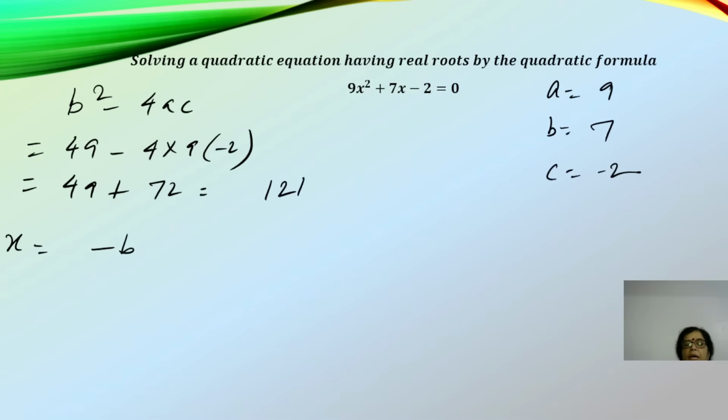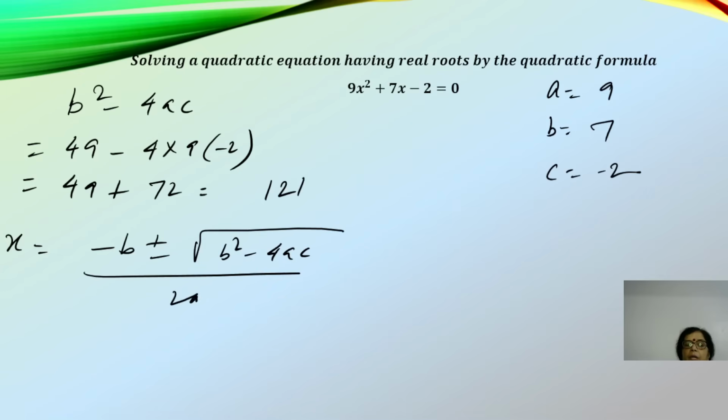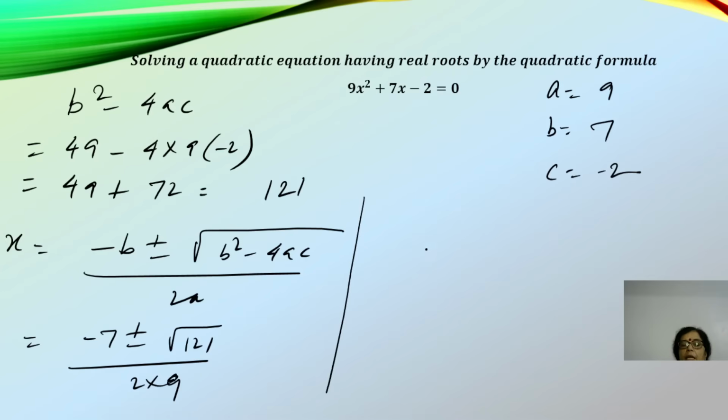x is equal to minus b plus minus square root of b squared minus 4ac by 2a. So this becomes minus b is minus 7 plus minus under root 121 by 2 into 9. So the solutions will be minus 7 plus minus 11 by 18.